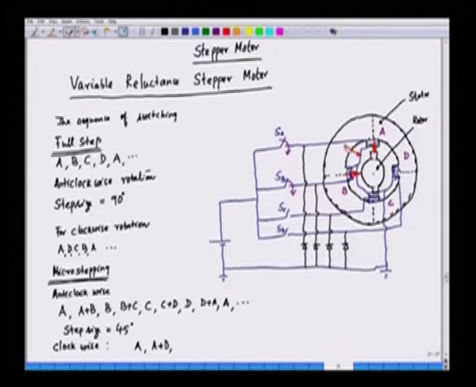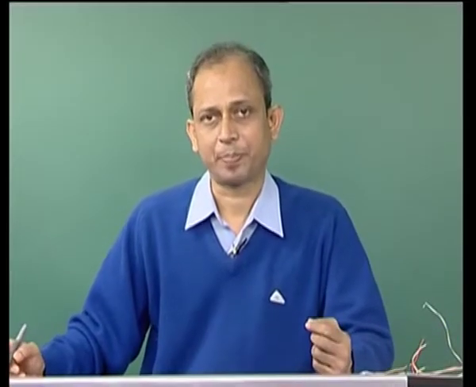Right now, we are not exciting A and B. What we are trying to do here is excite A and D simultaneously. When we excite A and D simultaneously, the resultant MMF will be somewhere here, and hence the rotor will rotate in the clockwise direction.